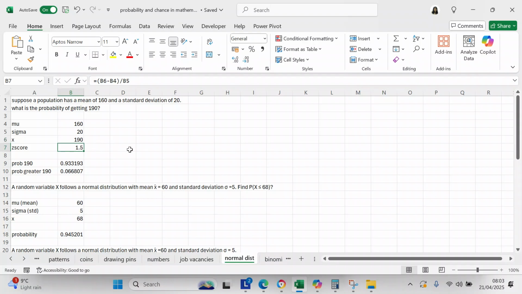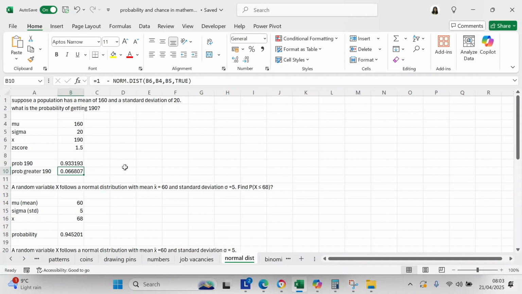And your z-score is B6 minus B4 divided by B5, and your z-score is 1.5. So the probability of 190 equals NORM.DIST, brackets B6, comma, B4, comma, B5, comma, TRUE, which means it's a CDF, a cumulative distribution function.